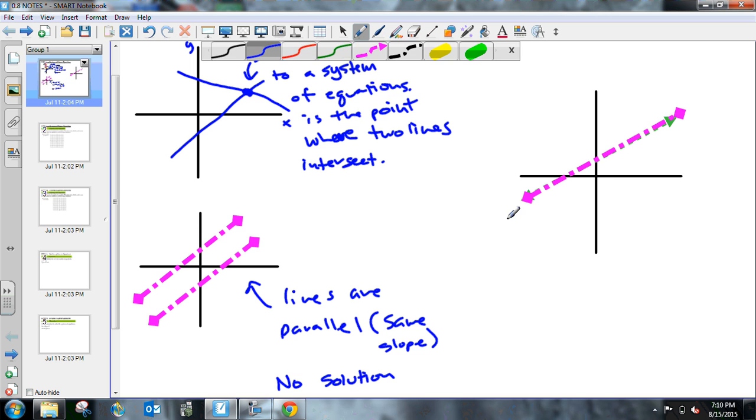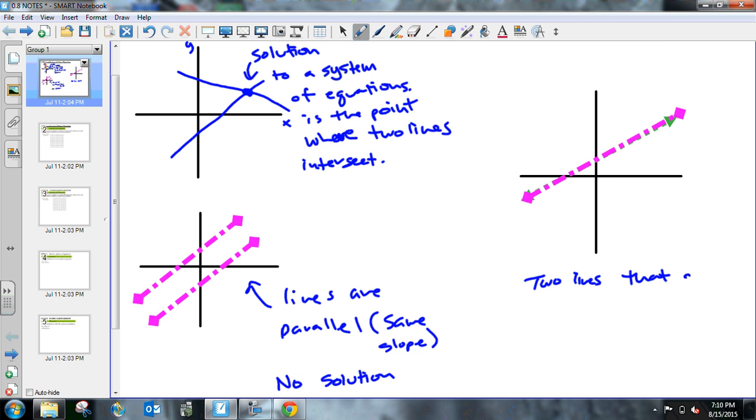So you have two lines that are the same, okay? And if you have two lines that are the same, then they have an infinite number of intersection points. They're always intersecting, okay? So you have an infinite number of solutions. So you have infinite solutions. Okay, you've got three cases here.